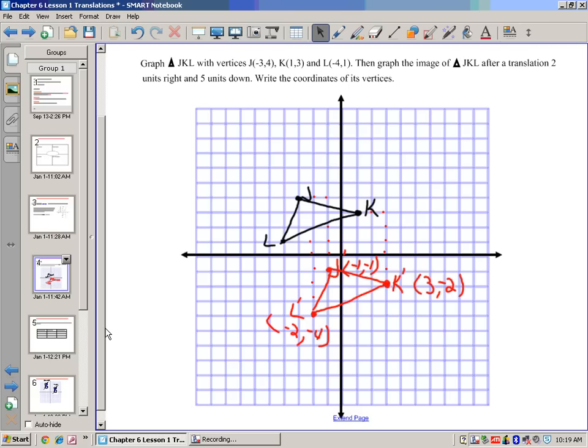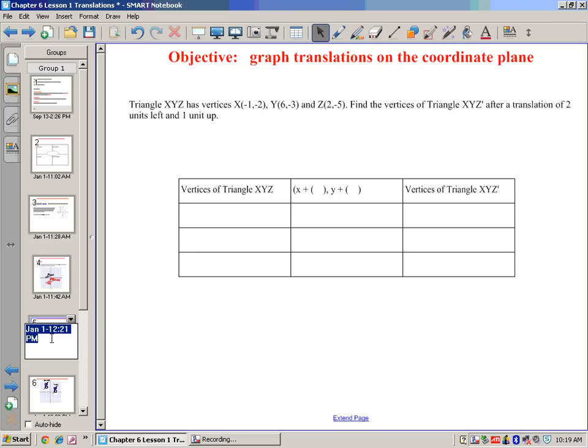Now, as we said in the key concept, you're adding the horizontal change to the X and then you're going to add the vertical change to the Y. So instead of doing it on a coordinate plane, on this example, we're going to do it in a table. Okay, here's how we do this. Again, we said our horizontal is added to the X. We're going to the left.